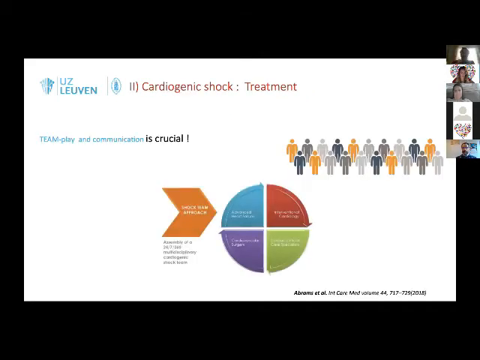This is probably one of the most important slides of my talk today, and I think one thing we should really keep in mind is that team play and communication in treating those patients is very crucial. If you are a cardiac intensivist or a cardiologist, you probably won't be able to treat this patient on your own.